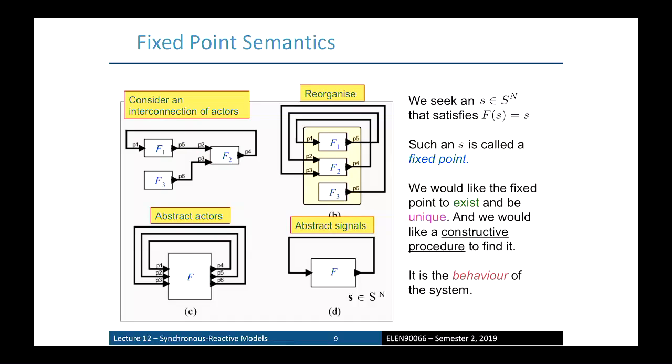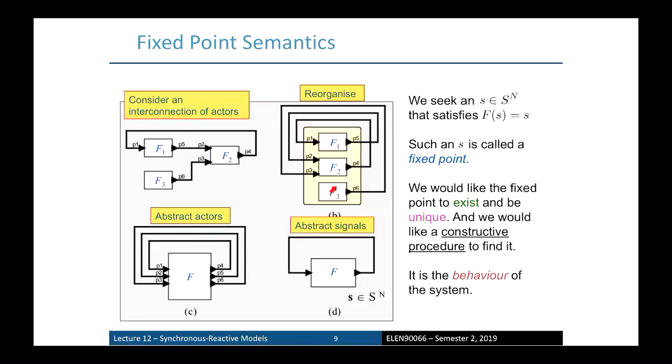Obviously, you can redraw this diagram just by shuffling around those blocks, and you end up with something that looks like this. And you note that we can abstract the 3 actors together into a composition. We can look at these as a side-by-side composition. They're just sitting there. They've got inputs, they've got outputs. And the interconnection is then the 3 signals that are floating around here that perform feedback.